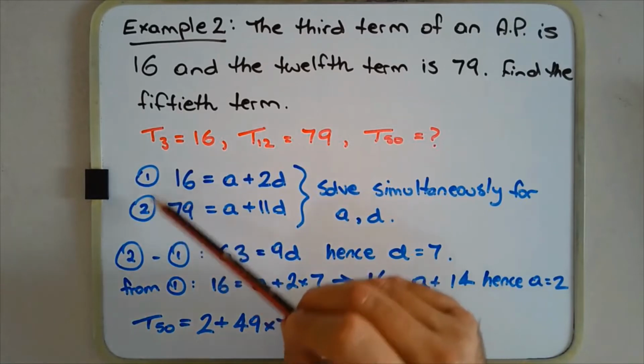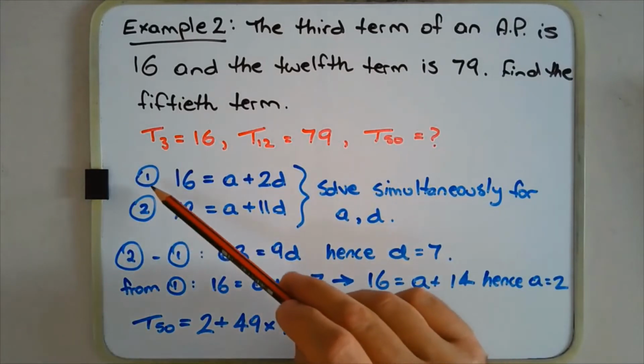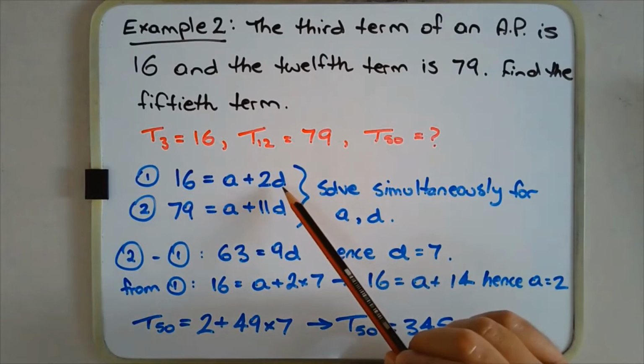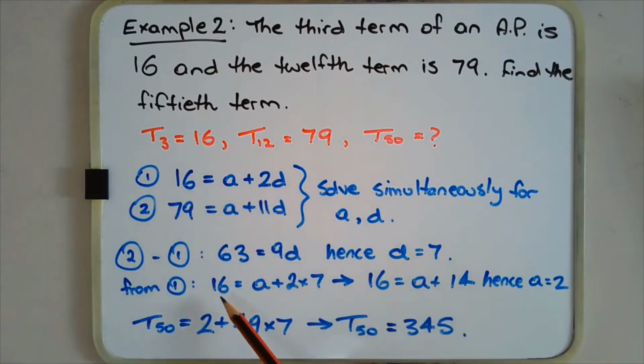Now using either of the two equations in the simultaneous equation, whichever is the more convenient, I'm just going to use equation 1, substituting in d equals 7 into equation 1, and then just rearranging the formula, we can determine the value of a. So from 1, 16 is equal to a plus 2 times 7. 16 is equal to a plus 14, hence a is equal to 2, so that's the first term of this AP.